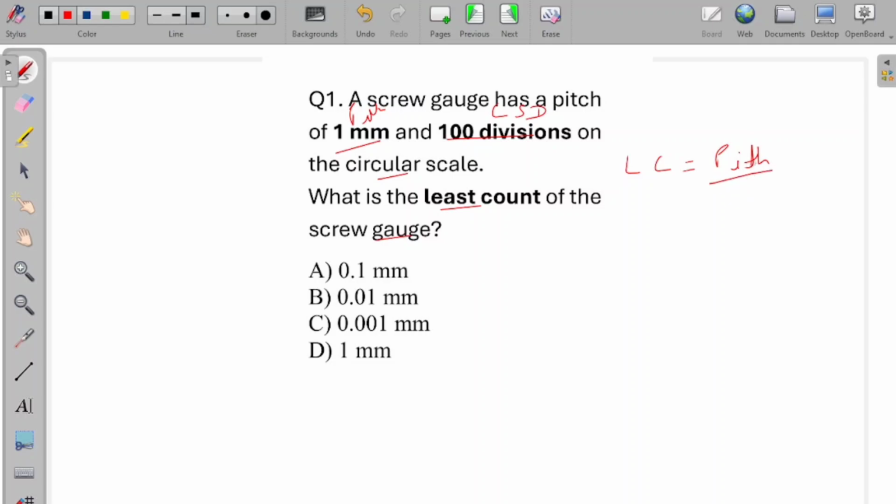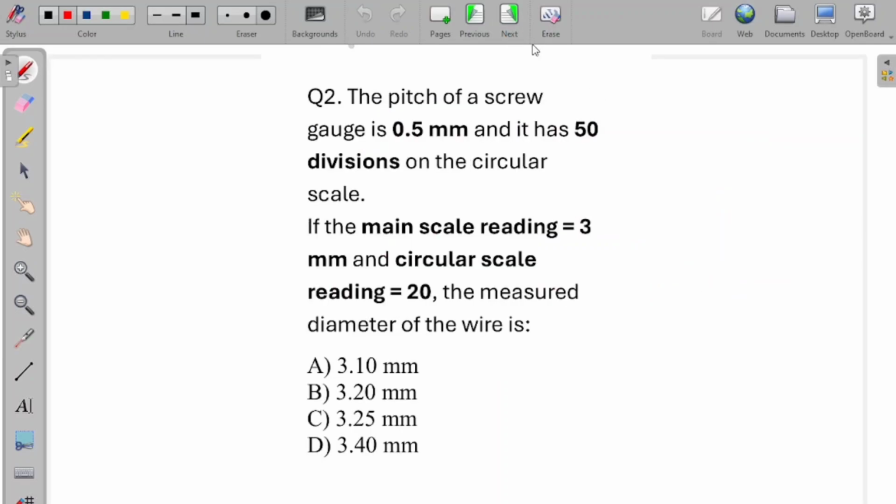Pitch upon number of circular scale divisions. So pitch over here is 1 millimeter and number of circular scale divisions is 100. So the answer we get from this is 0.01 millimeter. B option is correct.